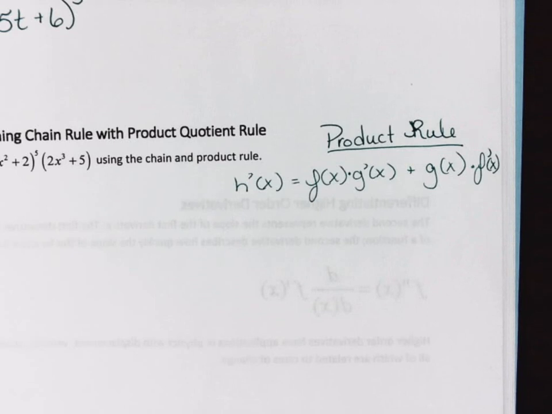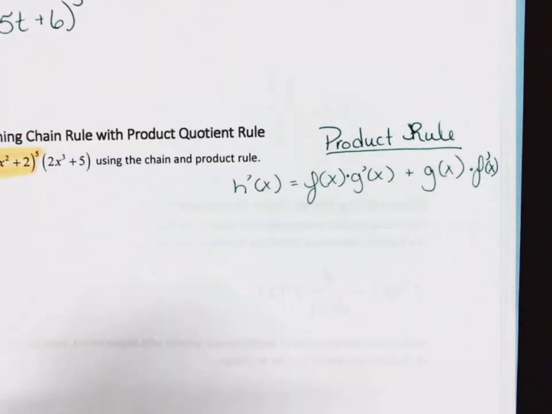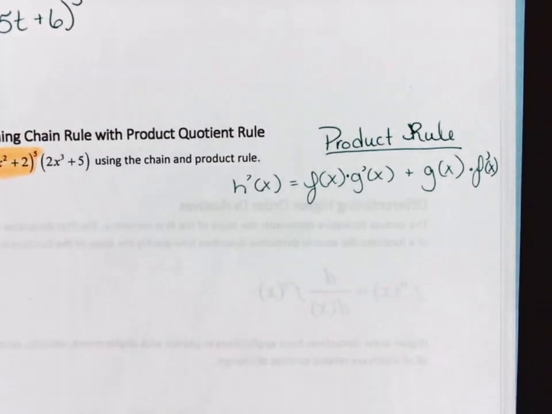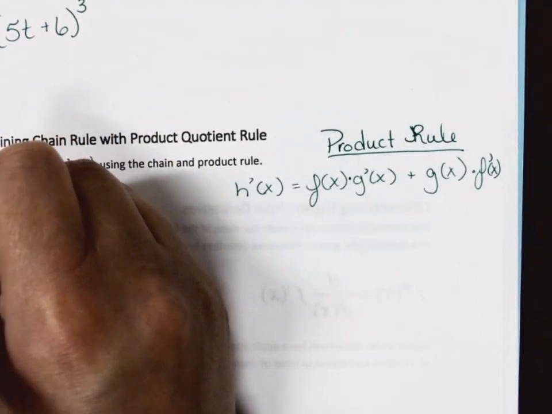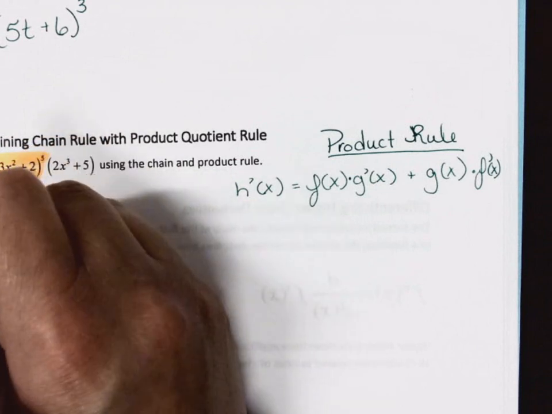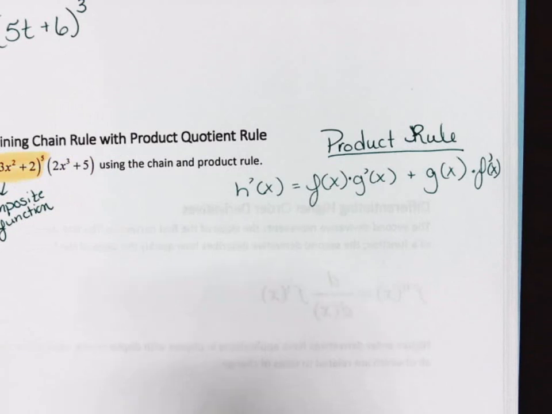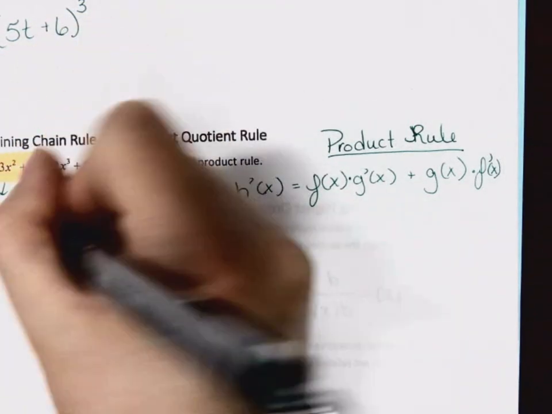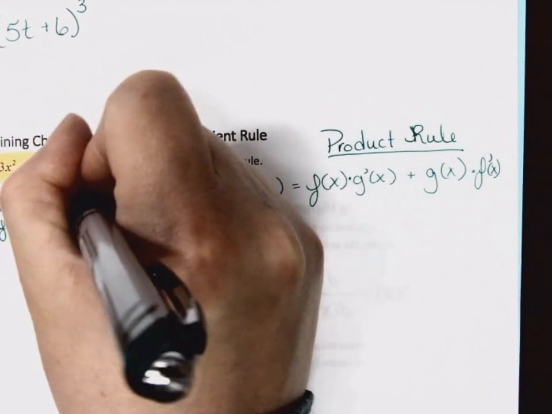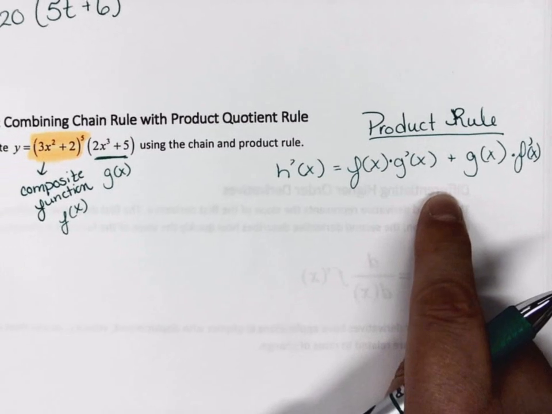Okay, so what we need to look at is this guy here is our composite function. So this whole thing is f of x. This one over here is g of x according to our product rule, right?